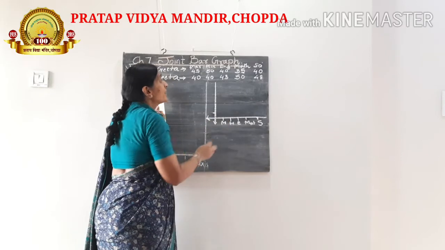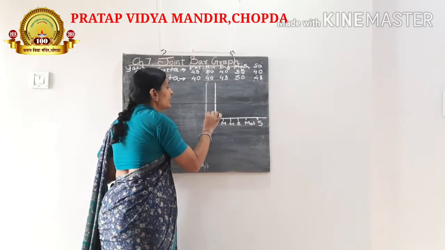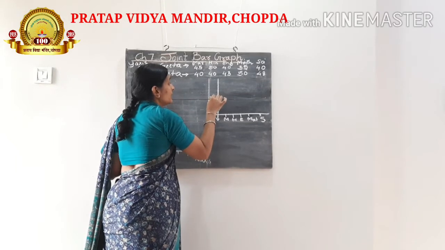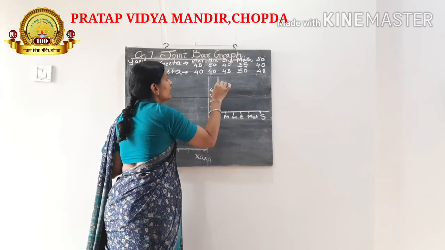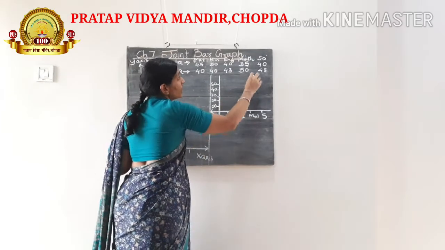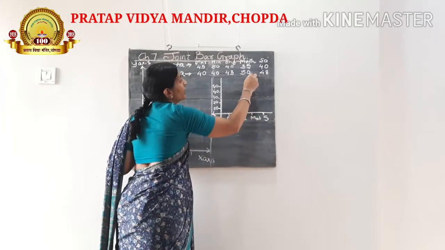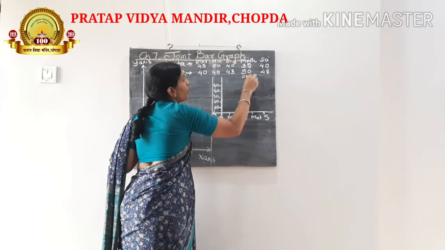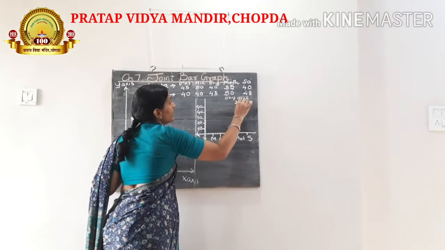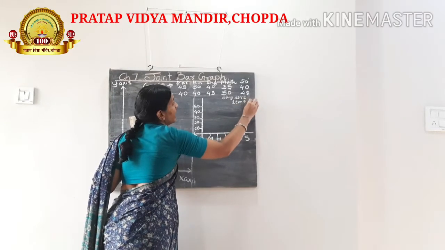We will take 1 centimeter for 10 marks, and 20, 30, 40, 50. We have to write the scale over here on the y-axis: 1 centimeter is equal to 10 marks.